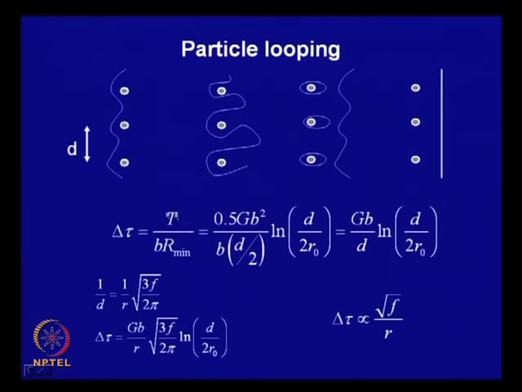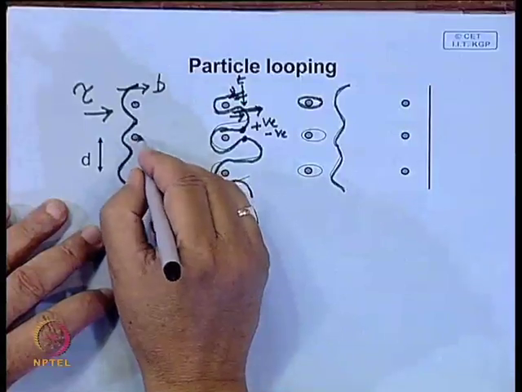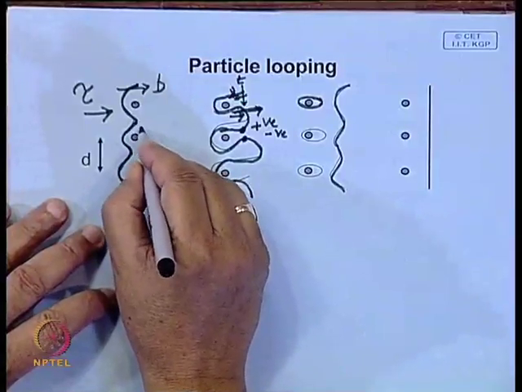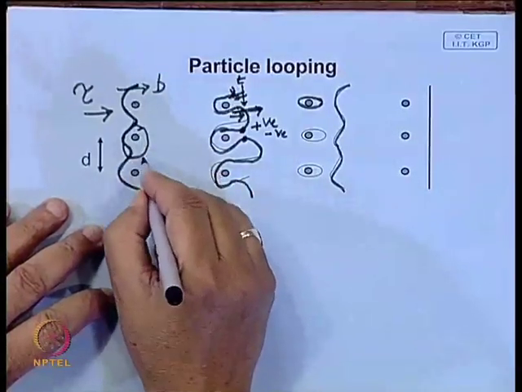If you substitute an expression for T, it is usually roughly proportional to 0.5 Gb squared times ln of d over b, where d is the precipitate spacing. So, we can say the strain field of the dislocation is half of this.